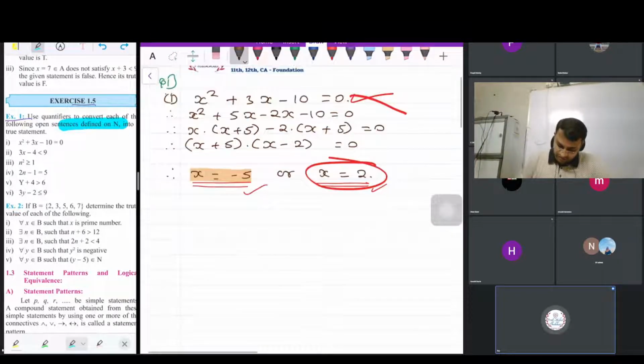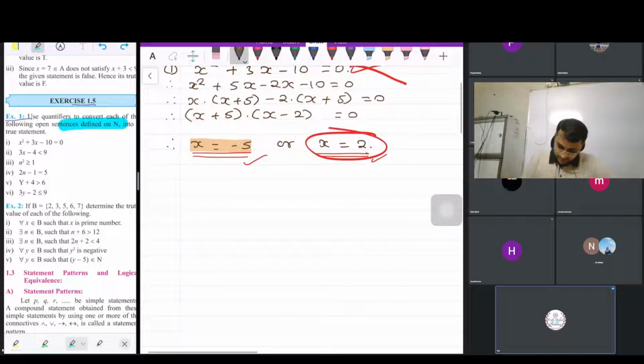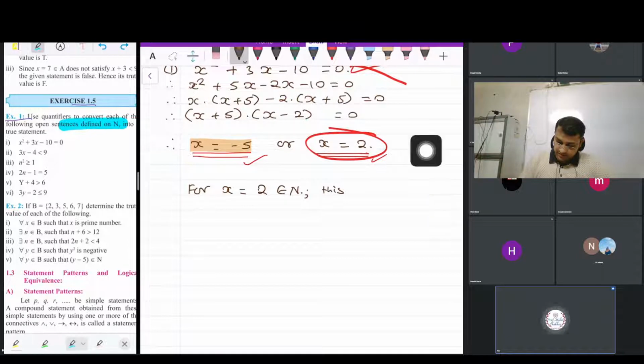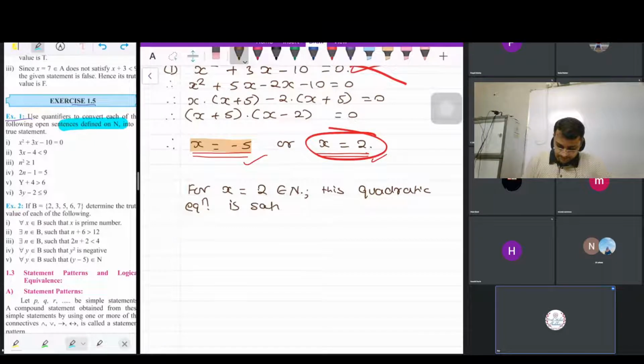So I will say over here, for x equal to 2 belonging to N, this quadratic equation is satisfied.